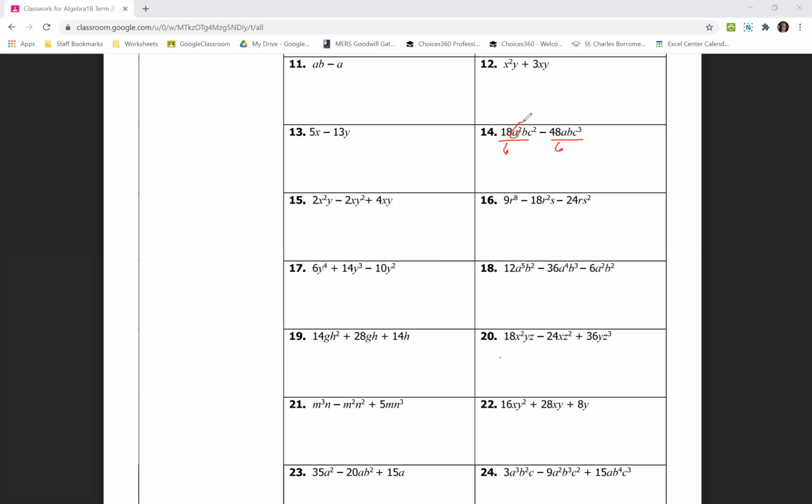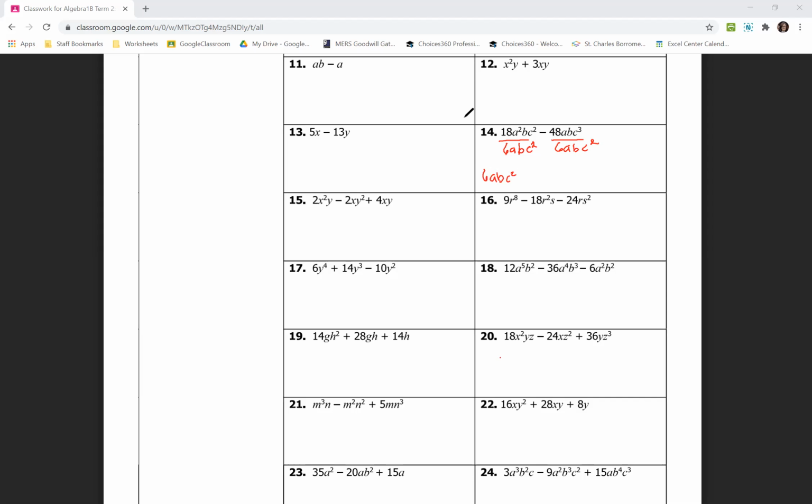This has 2 factors of A, and this only has 1 factor of A. So the only thing I can pull out is 1 factor of A. They have that in common.